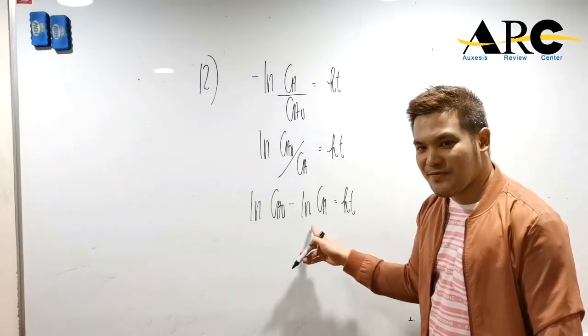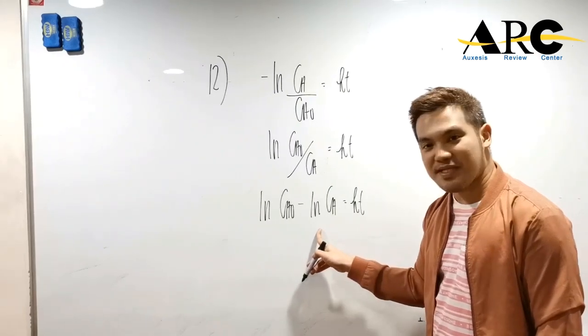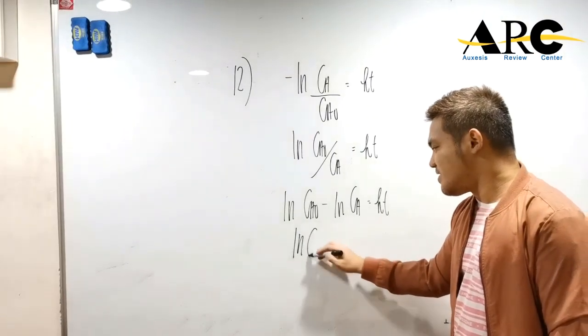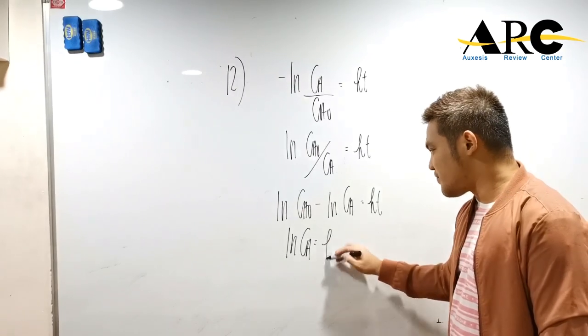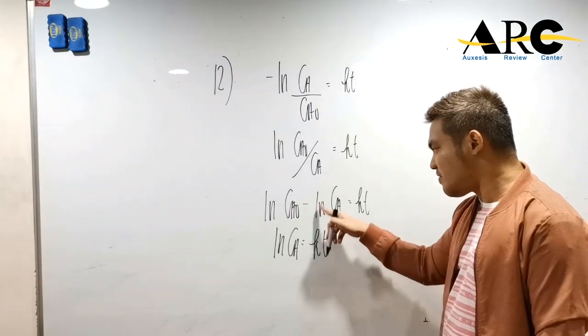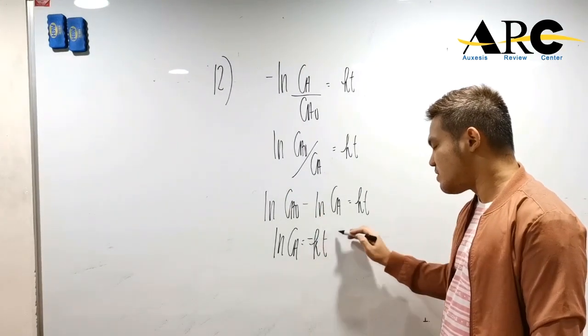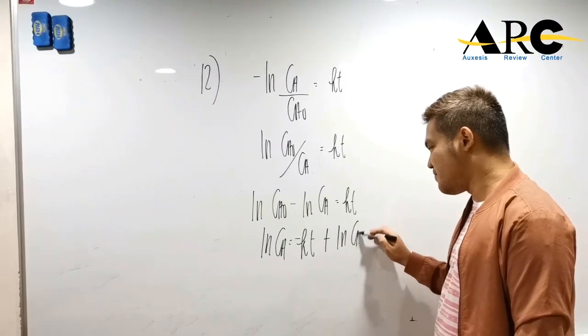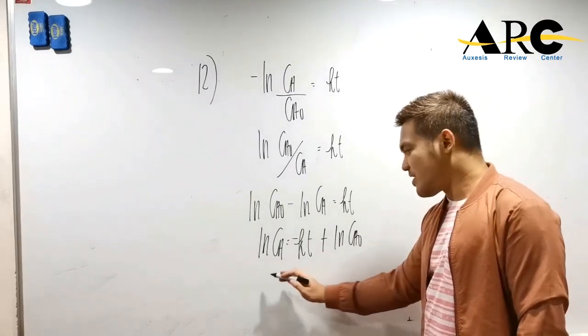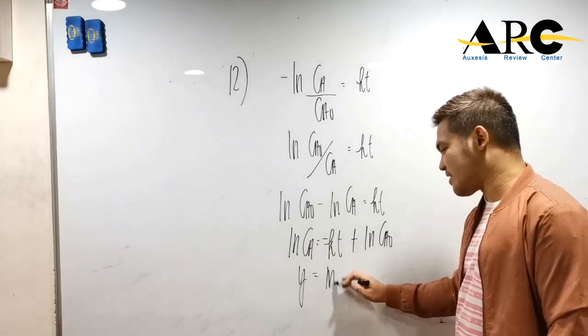Gawin natin in the form of y equals mx plus b. So, ln CA is equal to negative KT plus ln CAO.